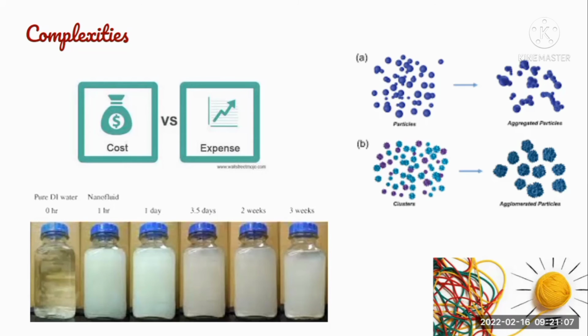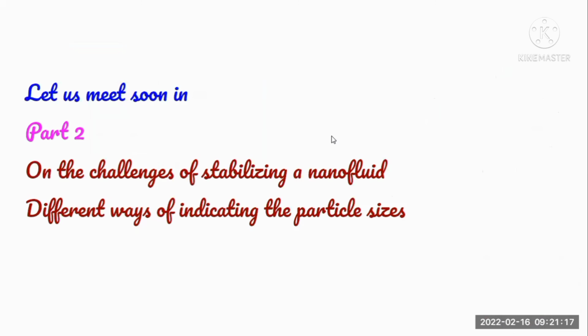Such an intense research gap prevails for physicists and engineers like us to take up as a challenging research topic in the field of nanofluids. So, we'll meet soon in part 2 on understanding the challenges of stabilizing a nanofluid.